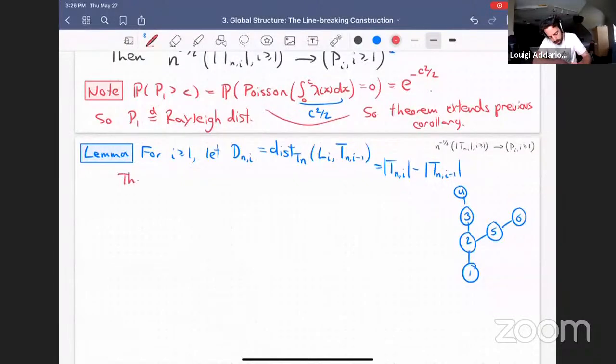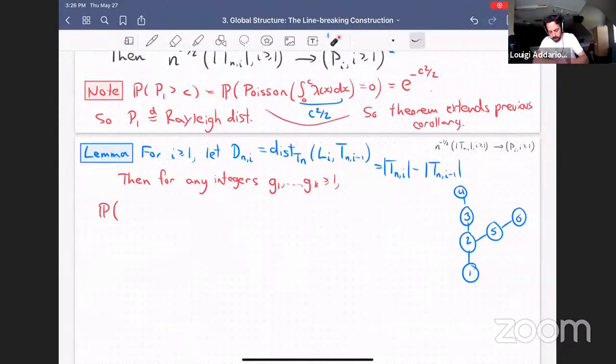Okay, so with that definition, if I fix any positive integers g1 up to gk, I can ask, what's the probability that those distances, or branch lengths, or differences in tree sizes are given by g1 up to gk? So the probability that dni is gi for each i from 1 to k. And we have an exact expression for that.